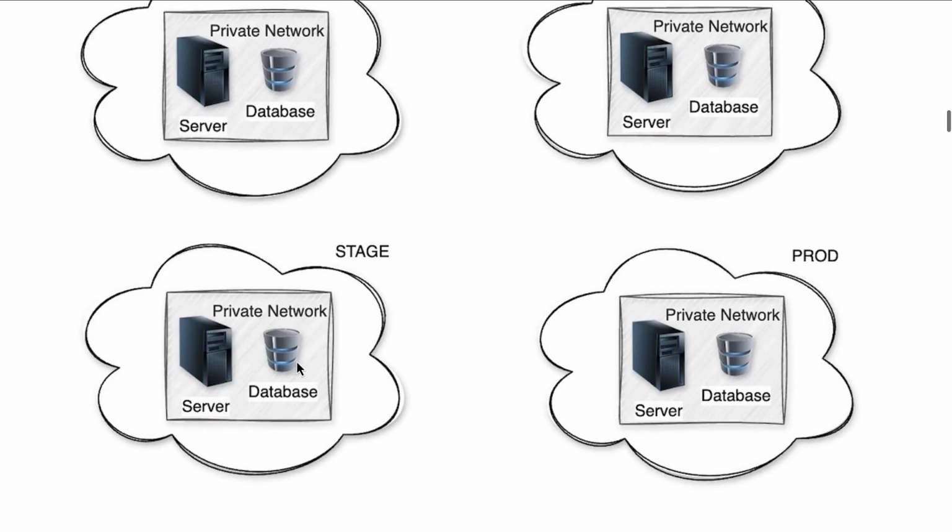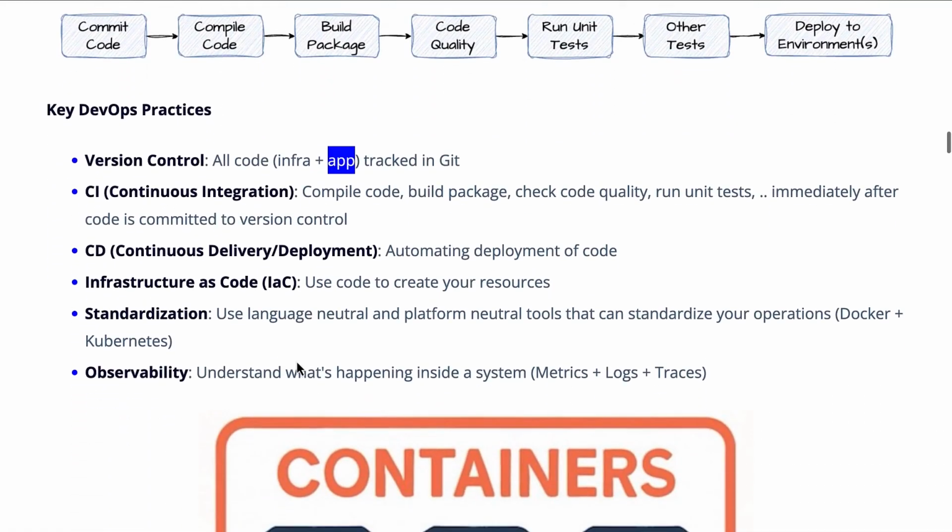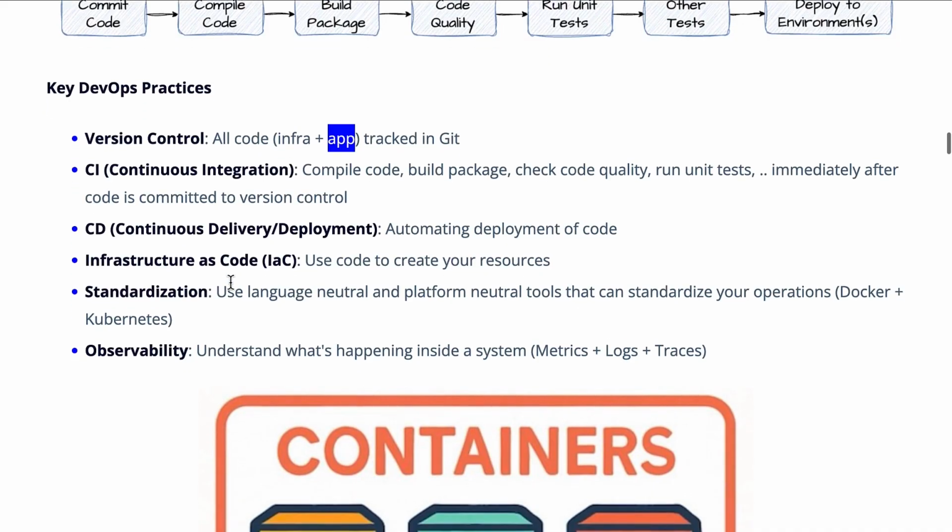How about automating this? How about writing code to provision environments, to configure environments? That's where infrastructure as code comes in. It's about using code to create your resources. Earlier, when we were talking about version control, we saw that all code should be tracked in Git. And over here, you'd see that infra code and application code. Typically, all teams have application code in Git.